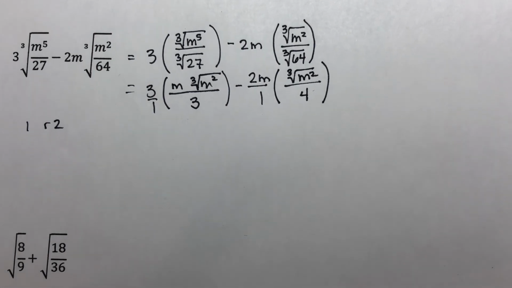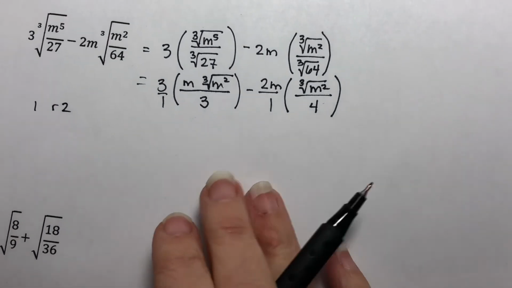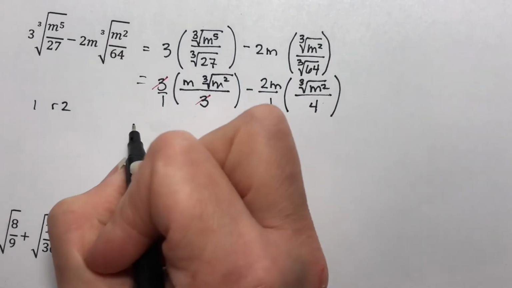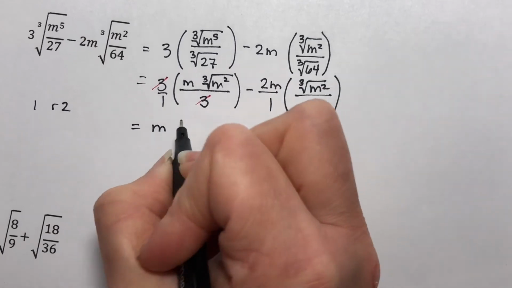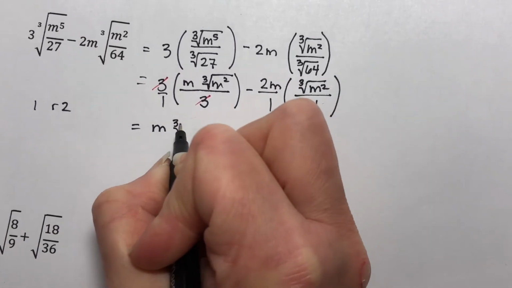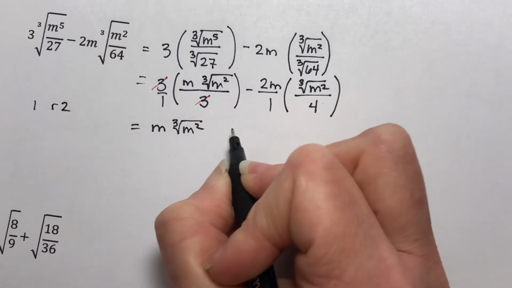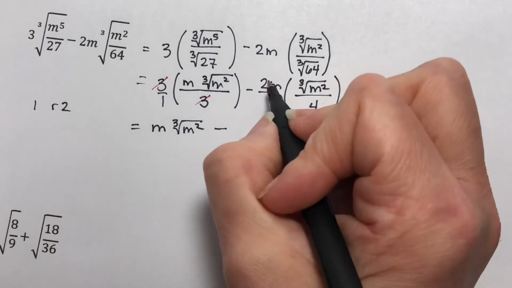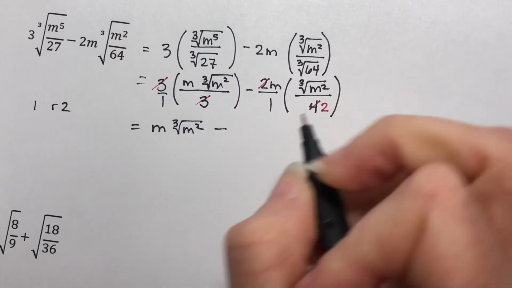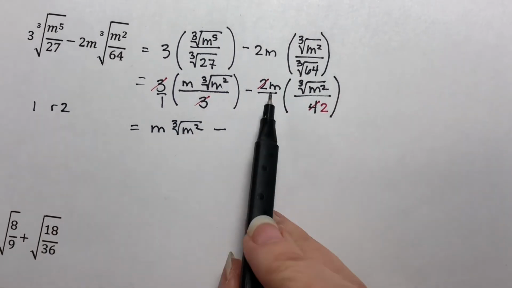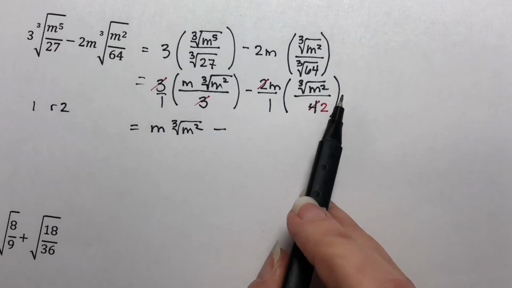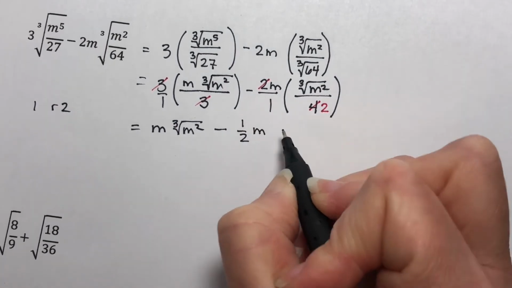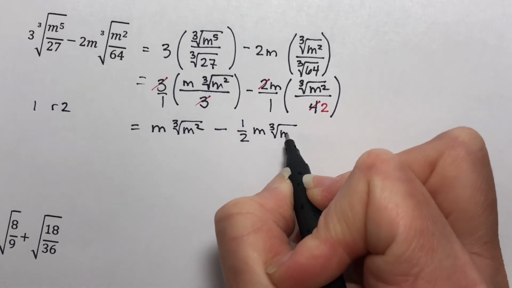Okay, let's simplify these. The 3's here will reduce, so that first one is simply m times the cube root of m squared, and this is minus 2 and the 4 reduce to just a 2 down here. So I have m times the cube root of m squared over 2, or I could also write it as 1/2 m times the cube root of m squared.